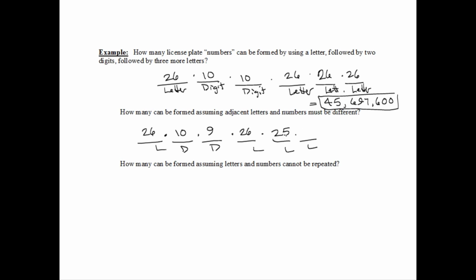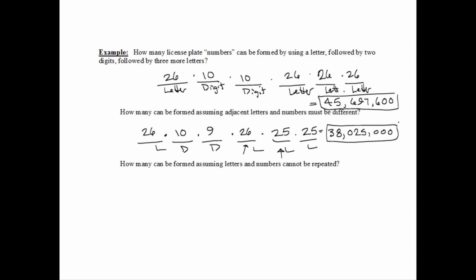Here, we cannot use the letter that was chosen in the second of the last slot, but we can go back and use whatever letter was chosen in the third of the last slot. So now we're back at 25. There's only one letter that cannot be used. Multiply all these numbers together and you should get 38,025,000 possibilities.